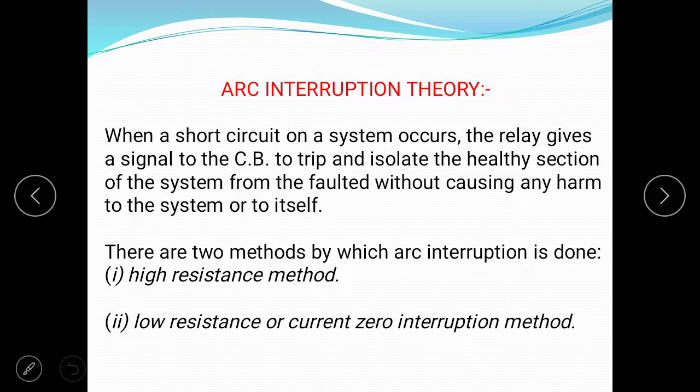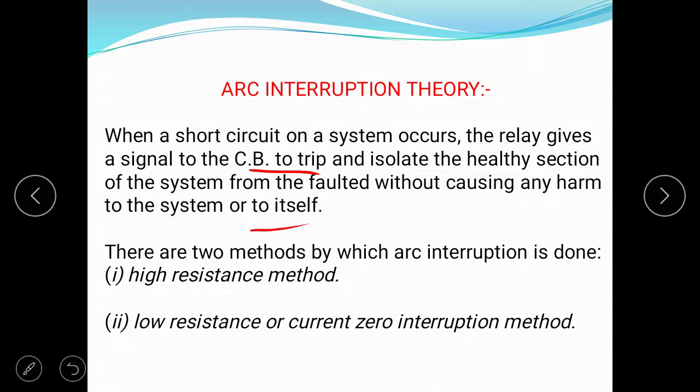So first, arc interruption theory. When a short circuit on a system occurs, relay give a signal to the circuit breaker to trip and isolate the healthy section of the system from the faulted section without causing any harm to the system or itself.